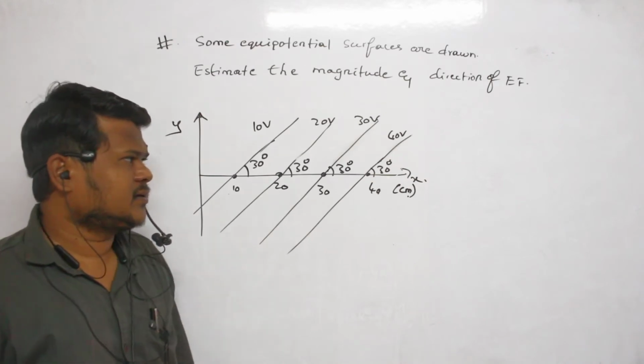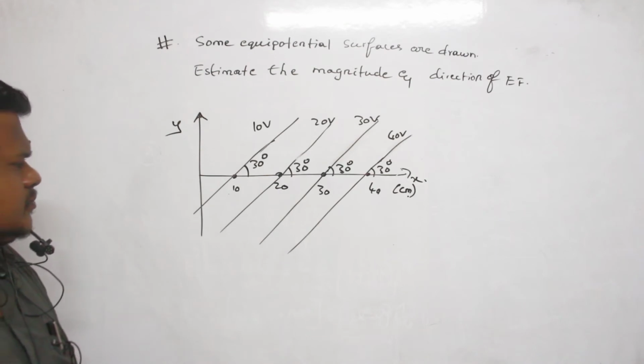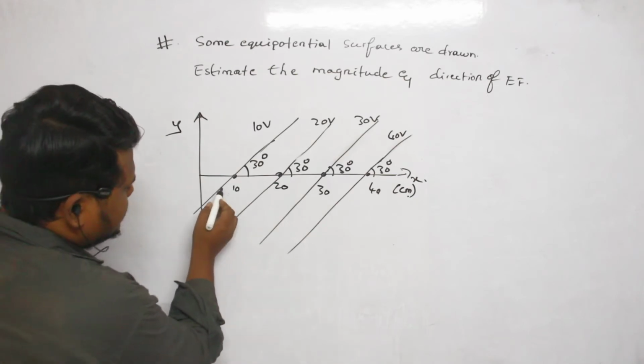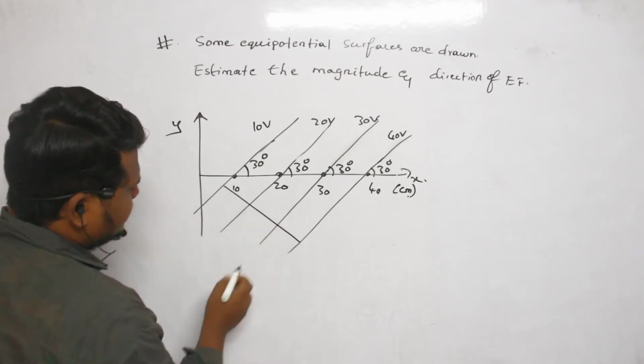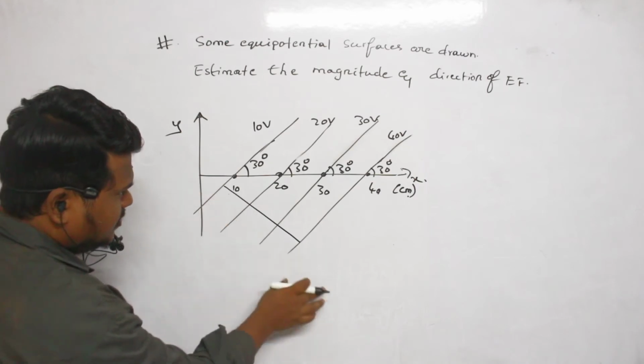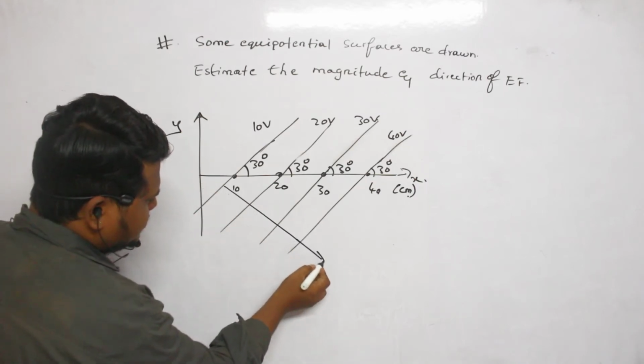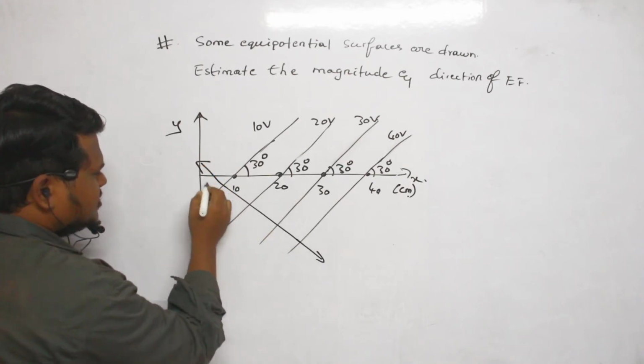Direction of electric field is perpendicular to equipotential surface. Clear? So if these are the equipotential surfaces, this will be the direction of electric field. That's all, no? Perpendicular to these equipotential surfaces. Now the question is, is electric field present in this direction or in this direction?